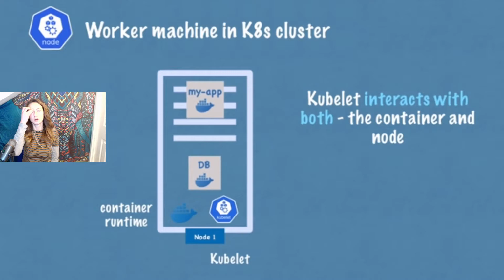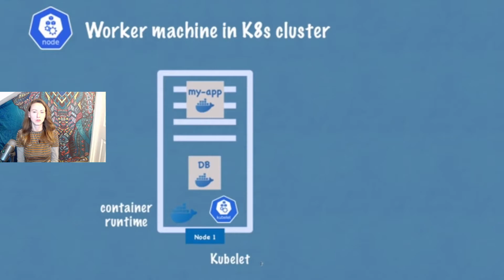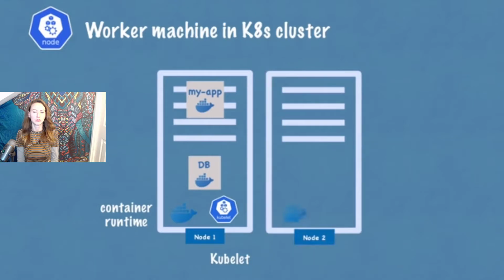Because at the end of the day, kubelet is responsible for taking that configuration and actually starting a pod with a container inside, and then assigning resources from that node to that container, like CPU, RAM, and storage resources.